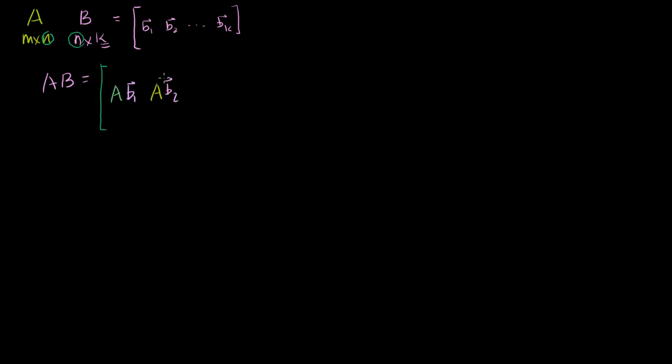Our third column is going to be A times B3, all the way to A times BK. And the whole motivation for this, you've probably seen this before, maybe in your Algebra 2 class.